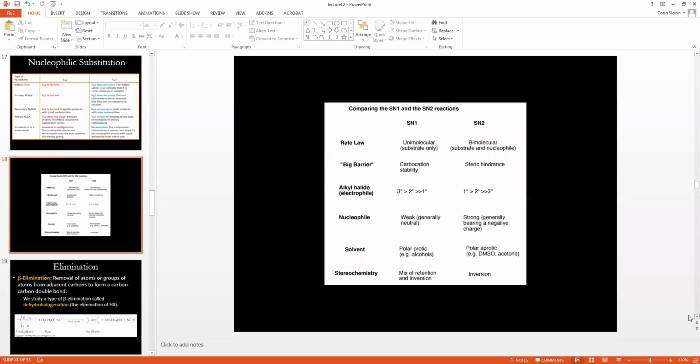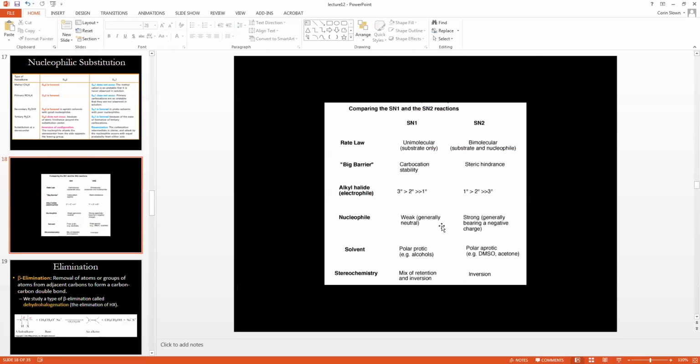Here's another way of thinking about that table when we're comparing the SN1 and SN2 reactions. For the rate law, SN1 is unimolecular, it's only the substrate, whereas SN2 is bimolecular, it's the substrate and the nucleophile. The big barrier in SN1 is carbocation stability, whereas in SN2 it's steric hindrance. The electrophile is favored in SN1 strongly as the tertiary carbon, whereas in SN2 primary and secondary are favored instead.